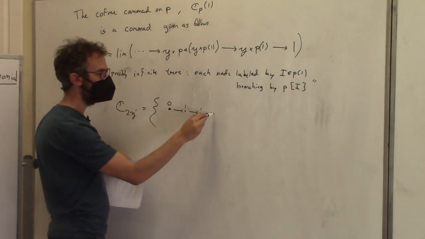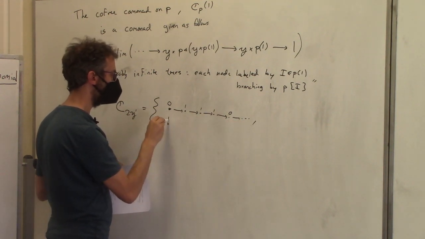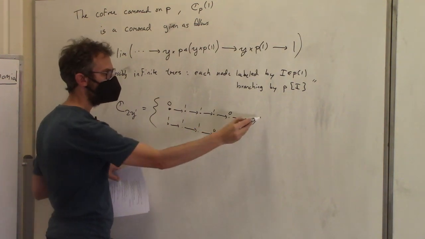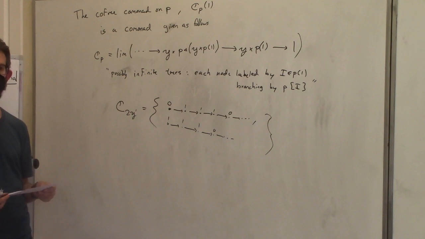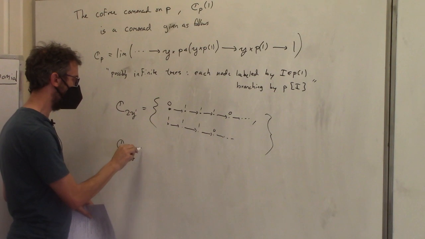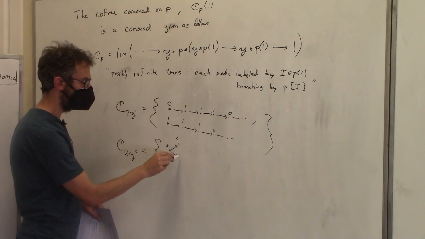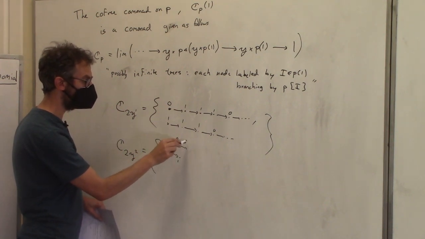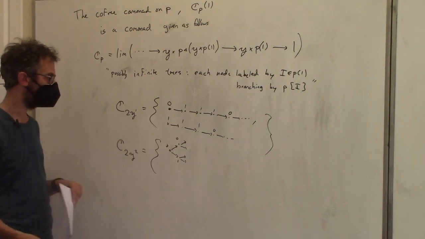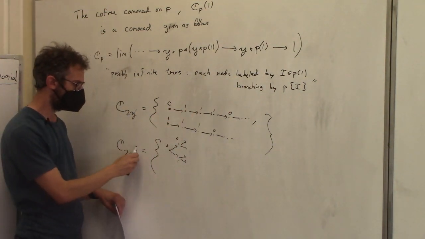So they branch one time, and so they're just bit streams. Whereas C sub 2y squared would be, well, I don't know why I've started drawing these things horizontally, but 0, 1, these would branch according to 2 every time, and they'd be labeled by either 0 or 1 again. So it's labeled by P of 1, which is 2, and branching according to the exponent there.